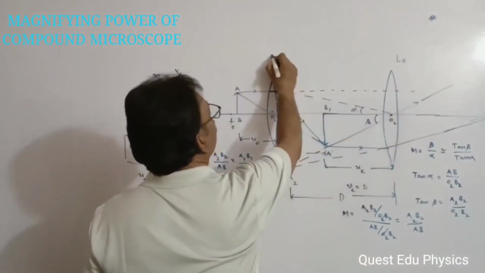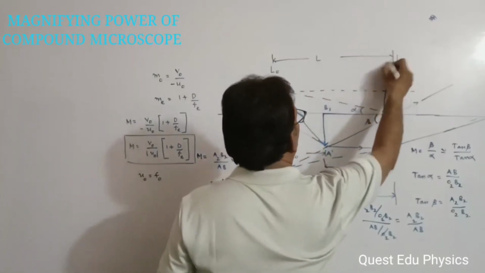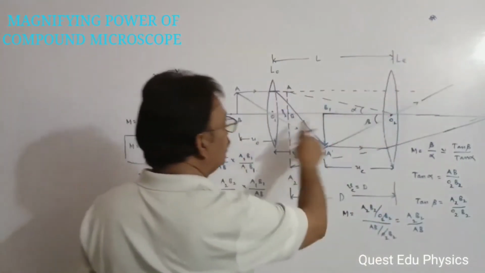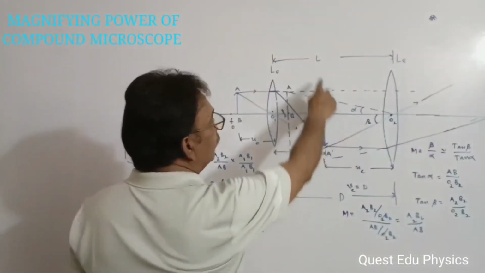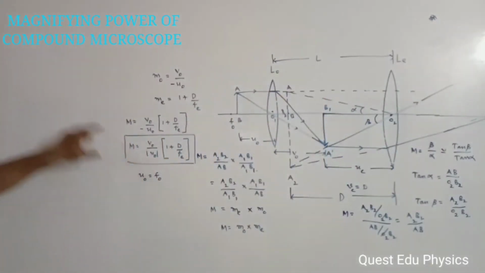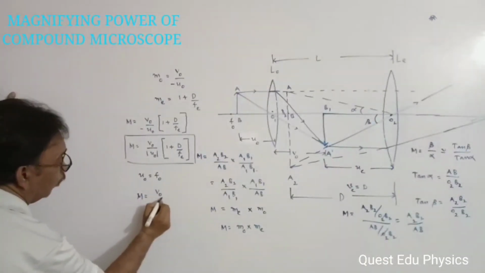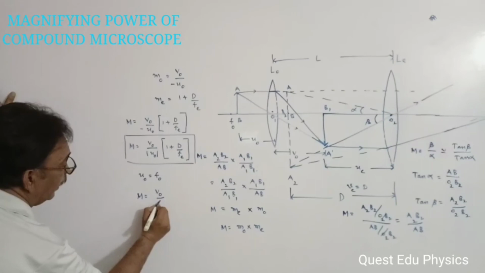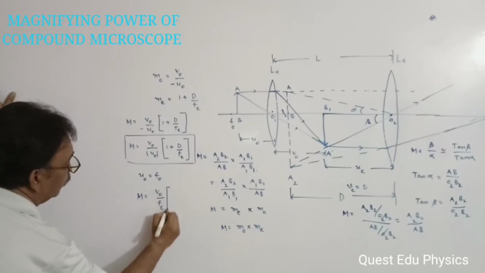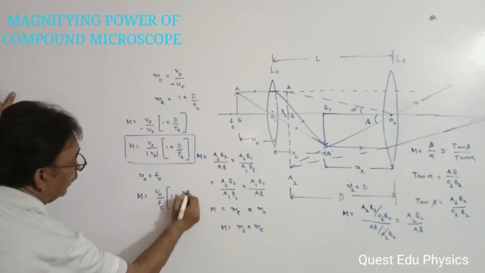The distance between the two lenses is L, and the gap is very small, so FO plus FE is equal to L. If you substitute this value in this relation, you will get M is equal to VO by FE into 1 plus D by FE, students.